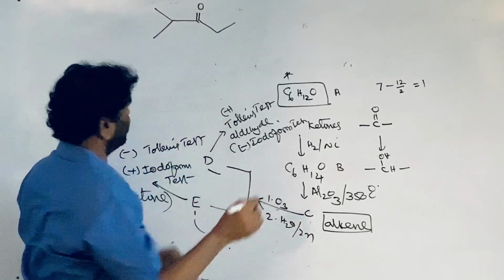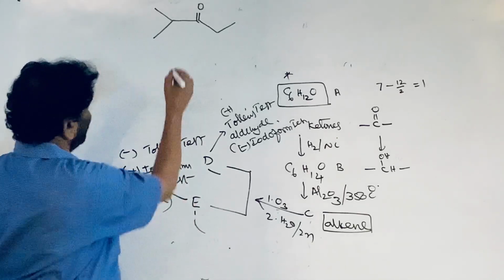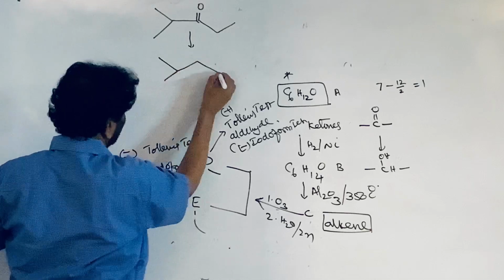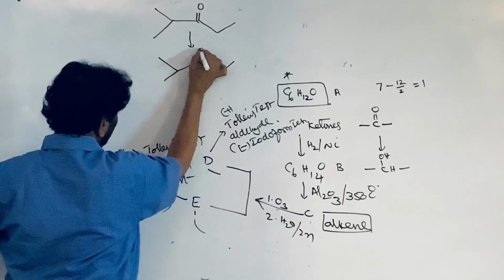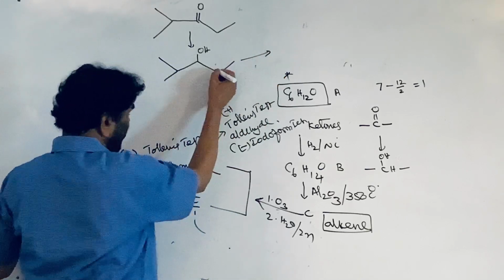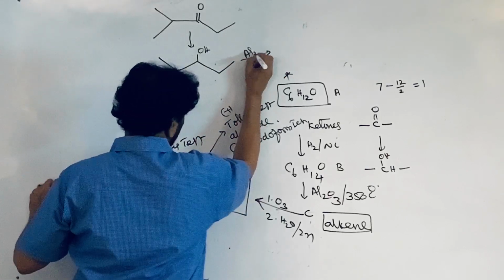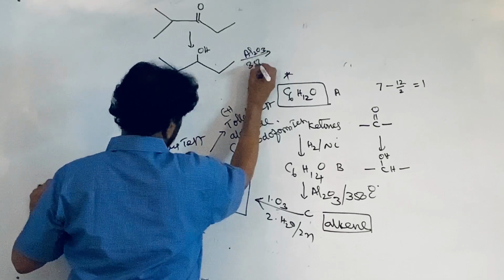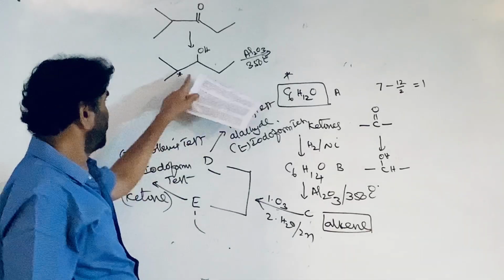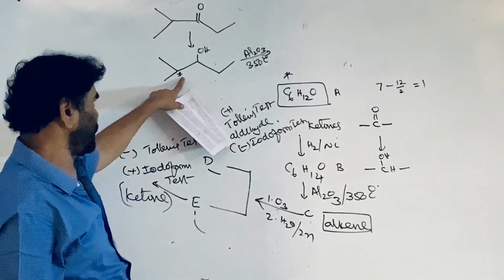Original compound. See, on reduction this is converted to OH. Now, this on treatment with Al2O3 at 350 degrees is elimination, that is Saytzeff's elimination.